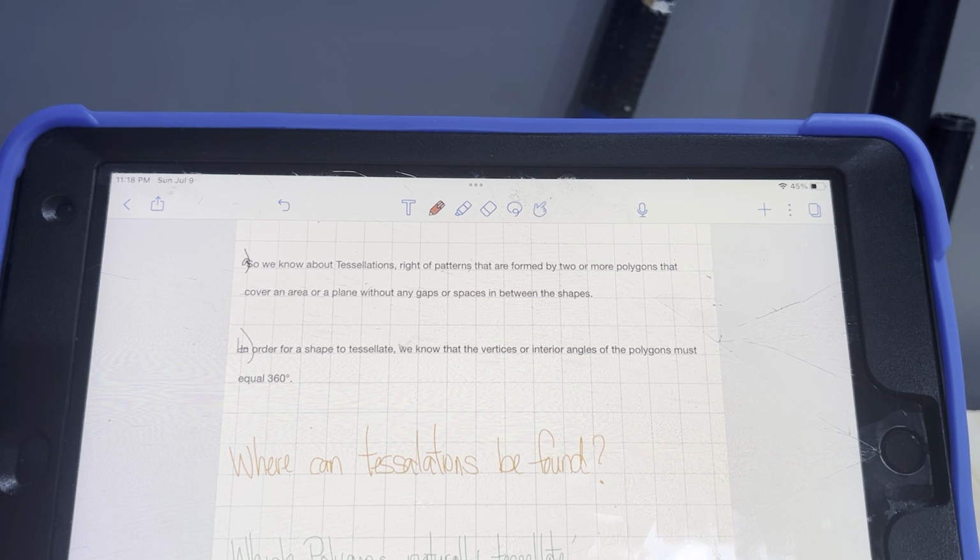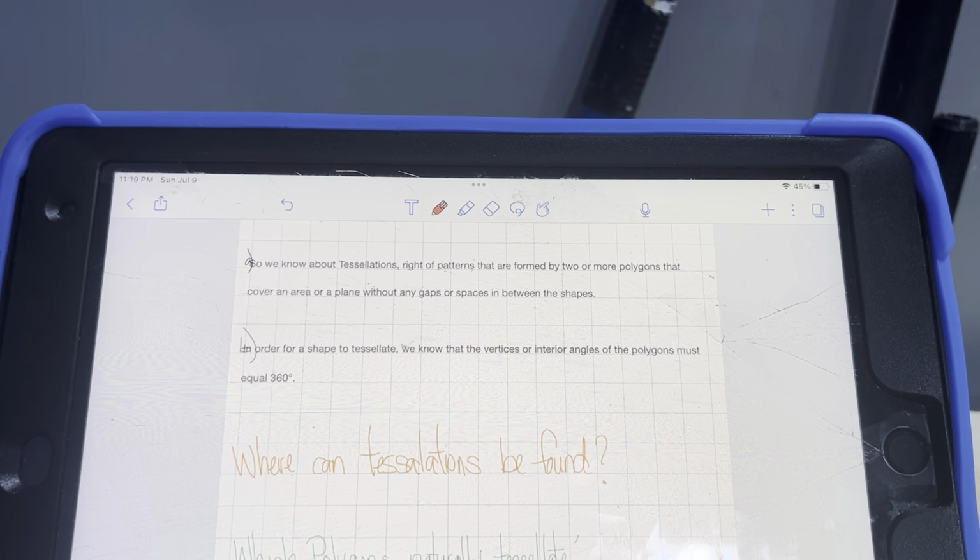You can find it on graph paper, sidewalks, etc. So there are many ways that you can identify this concept of patterns completing a space or an area, through reflection, transformation. There are different ways in which we are able to see how patterns repeat themselves.